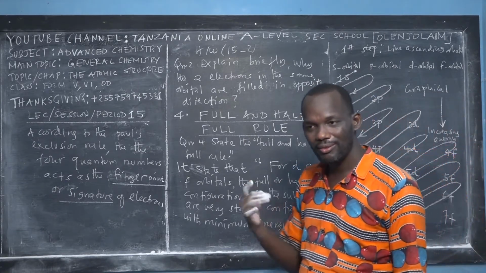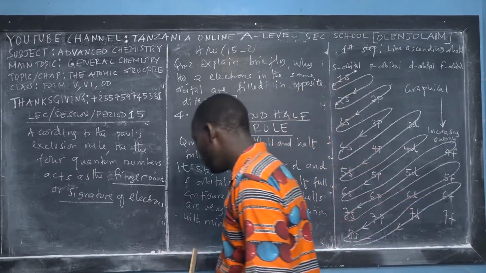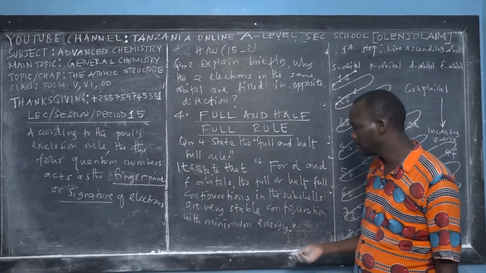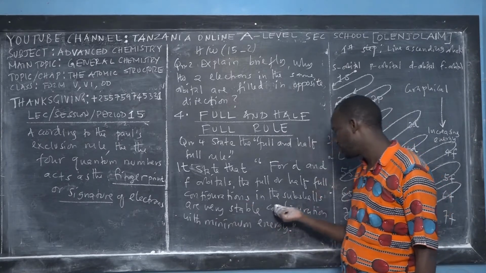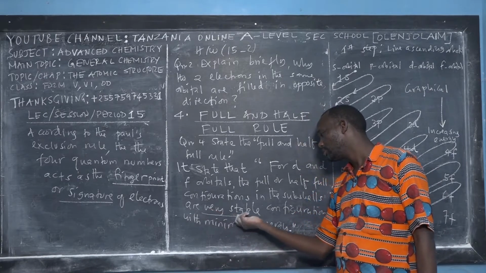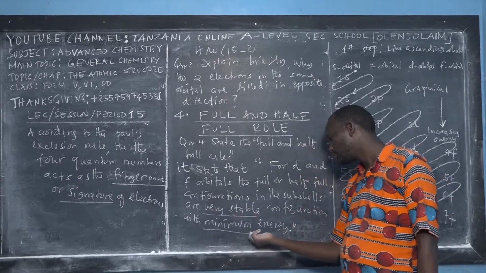For which orbitals? For D and F orbitals. The full or half full configurations in subshells are very stable configurations with minimum energy.